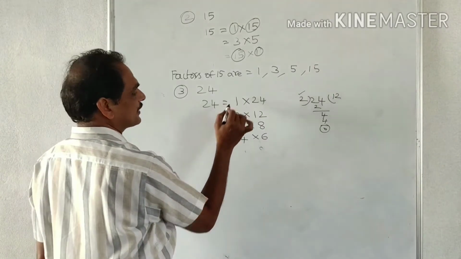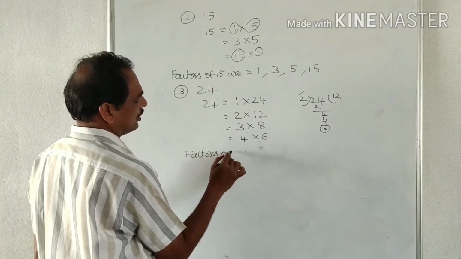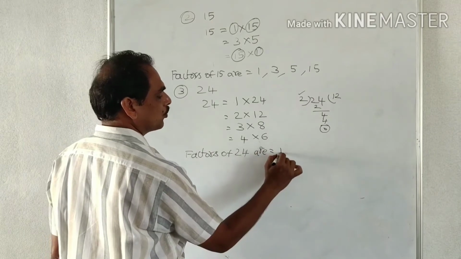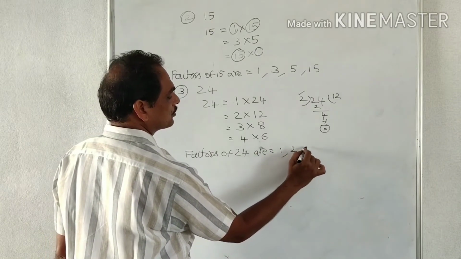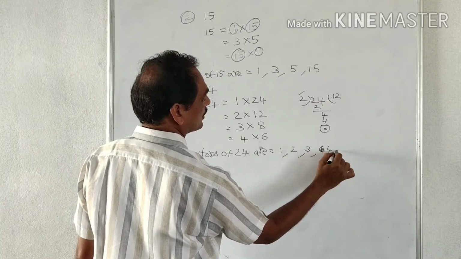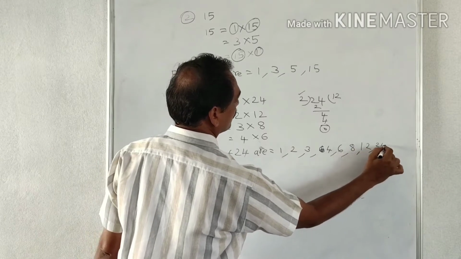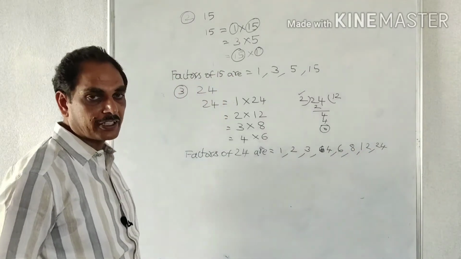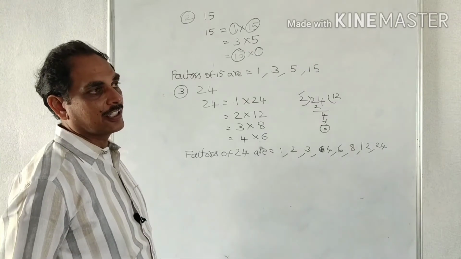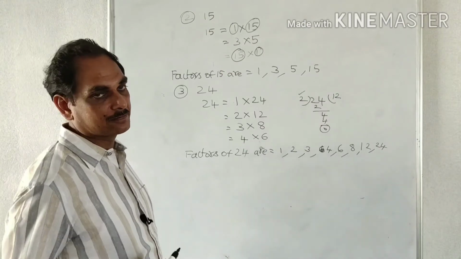Now the factors of 24 are 1, 2, 3, 4, 6, 8, 12 and 24. These are the factors of 24. So to find the factors of a number, we must have knowledge of tables.